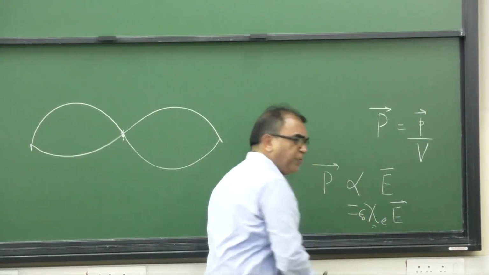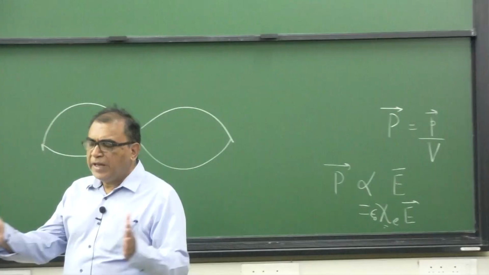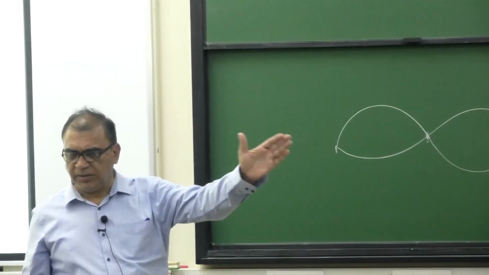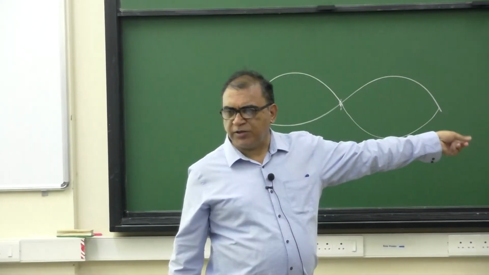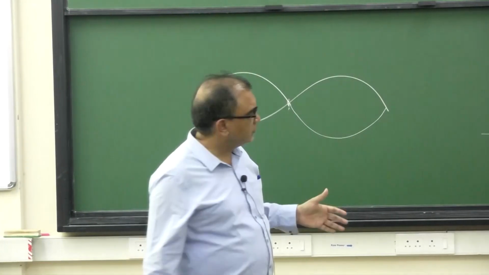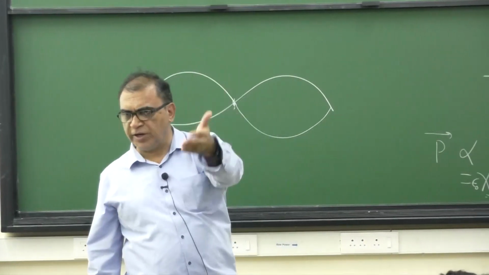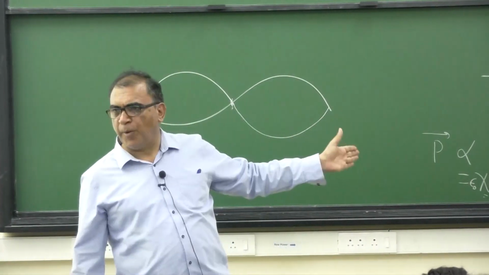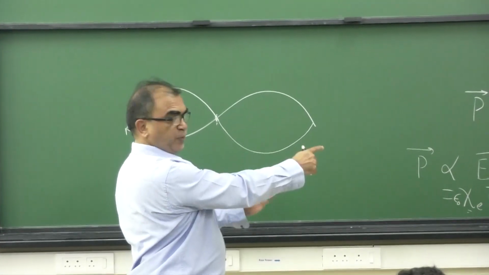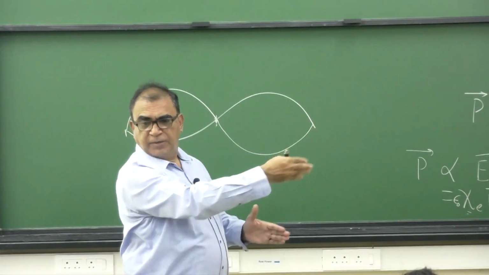This is a dimensionless constant, but the epsilon naught is there to balance the units of P with the E. So that's where the chi E comes. It's known as electrical susceptibility. There is a magnetic susceptibility also later, so a similar equation would come. Magnetization is proportional to B or H.